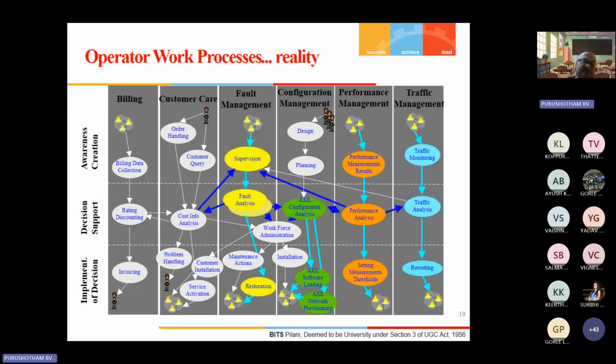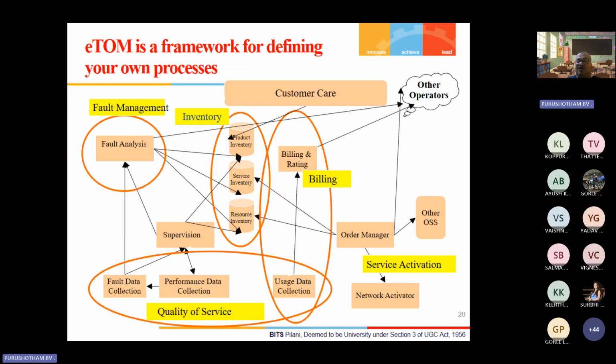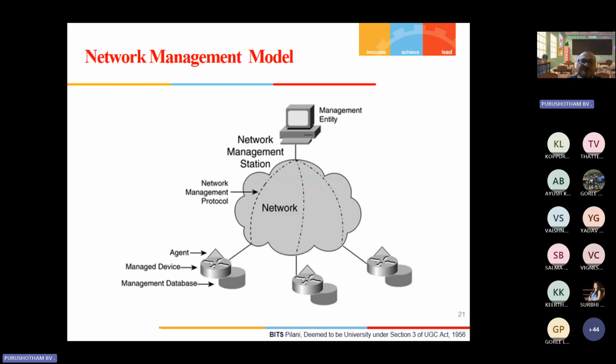So there are implementation decisions, support decisions, and awareness of how to utilize the operations or resources that are available. Based on this, we have inventory, fault management, billing, service activation, quality of service, etc.